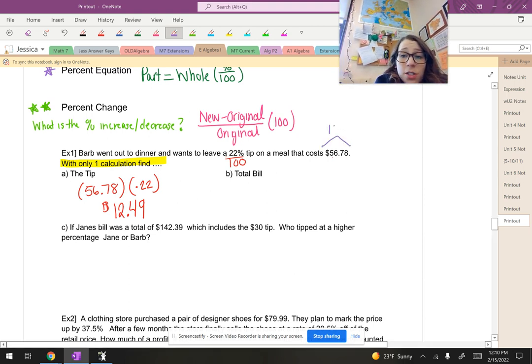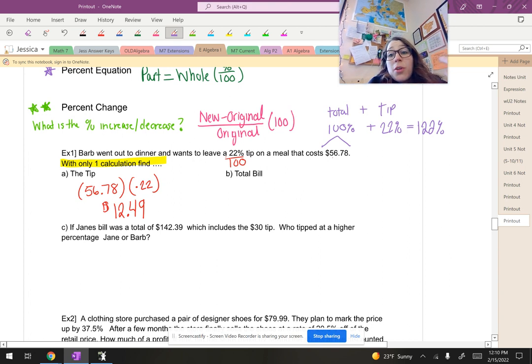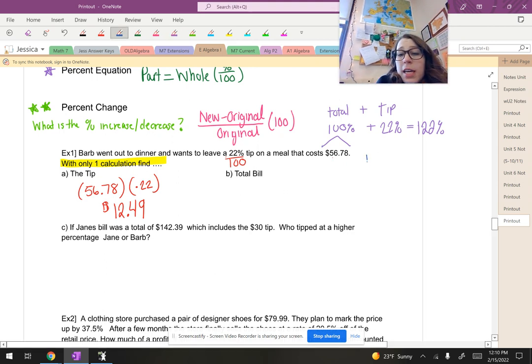If we add in that tip, because a tip makes it more expensive, that gives me 122%. Because I'm taking that total amount and I'm increasing it by whatever the tip is. I'm not decreasing it at all. So taking that 122%, dividing it by 100 per usual, gives me 1.22.